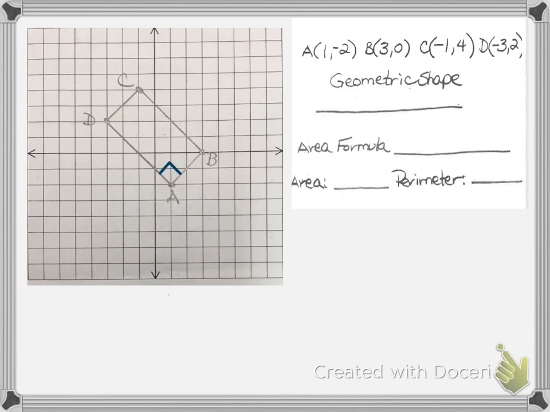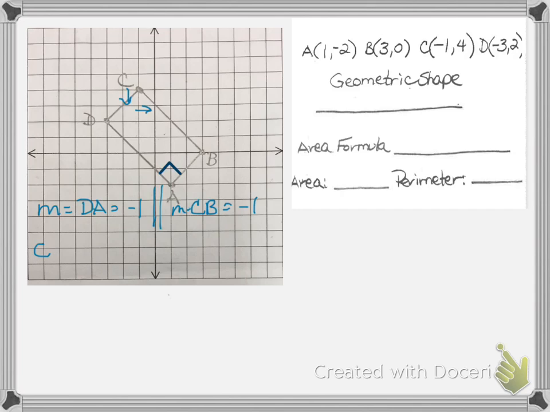So the next thing that we need to check is to make sure that the opposite sides are parallel. And let's see, so if we have DA, we already said that the slope of DA is -1. Is the slope of CB -1 as well? So we're going down 1, right 1, down 1, right 1. So yes, CB is also -1. So we say that those opposite sides are parallel. Let's see, CD.